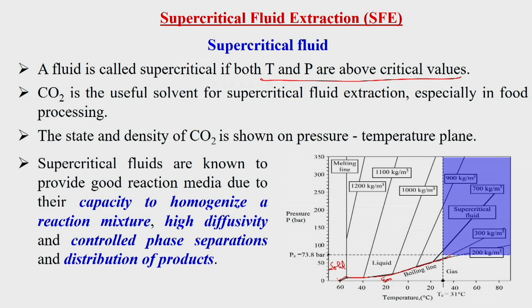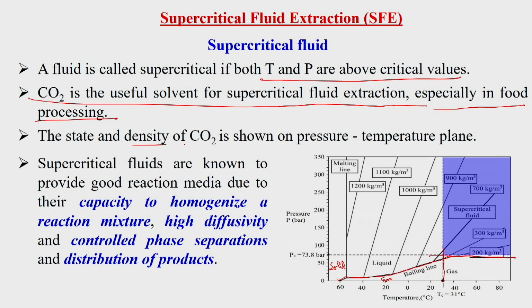If we keep increasing the pressure and the temperature, one point will be reached where the behavior of carbon dioxide will be different from that of carbon dioxide as a gas or liquid. This carbon dioxide is a useful solvent for supercritical fluid extraction, especially in food processing industries.